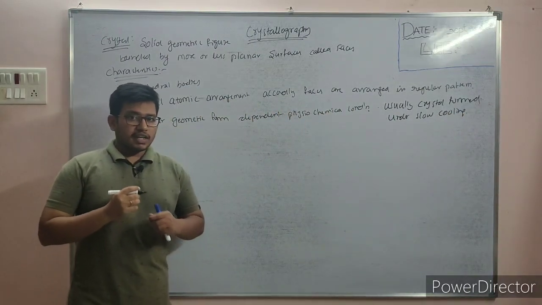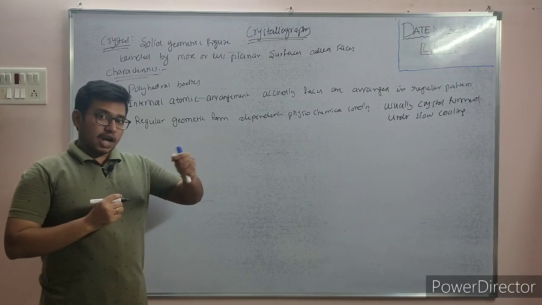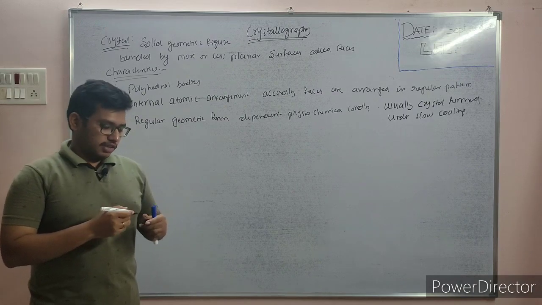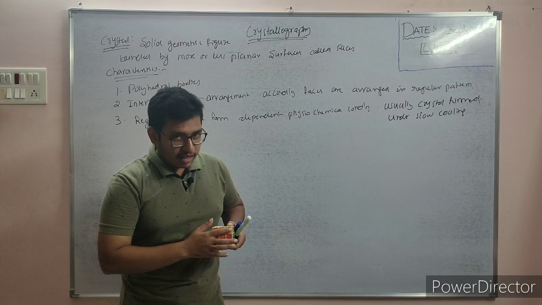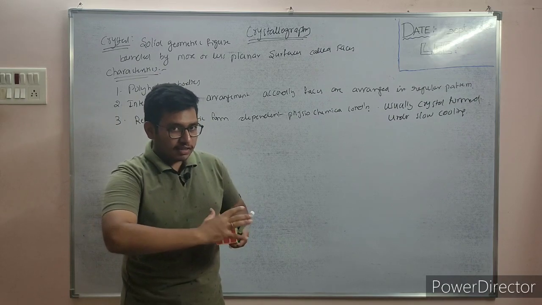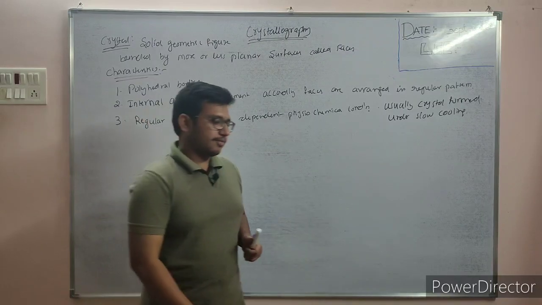Now, if the crystal has a well developed internal structure as well as outer expression also, for suppose if you are taking this cube, it has a well ordered internal atomic structure as well as outer expression also. This is called a perfect crystal.